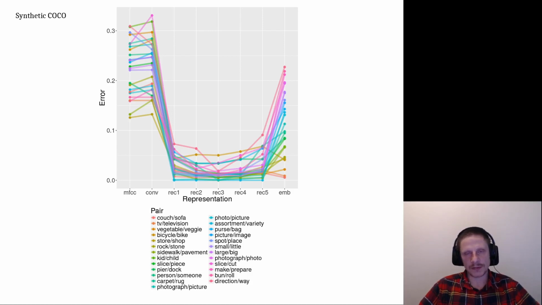This is perhaps a somewhat unexpected pattern, or at least partially unexpected, in the sense that we see that the error for the recurrent layers, even for the fifth recurrent layer, so the topmost recurrent layer, is relatively low, and it only becomes larger after the pooling operation, which is not something that we would necessarily naively expect.